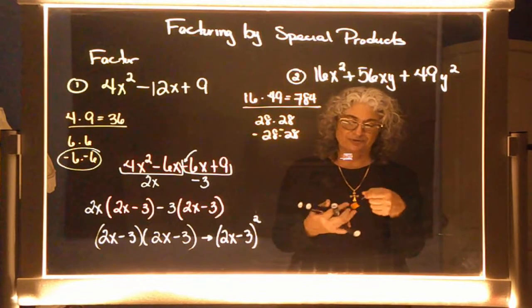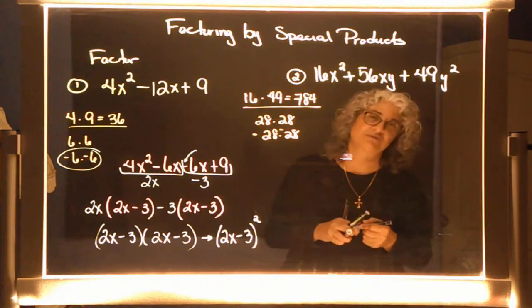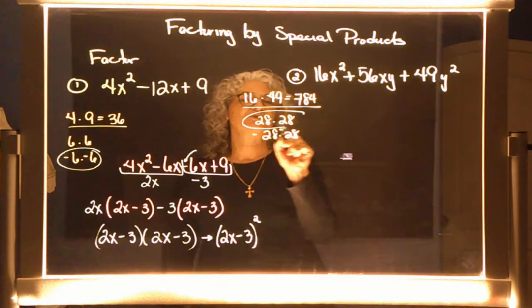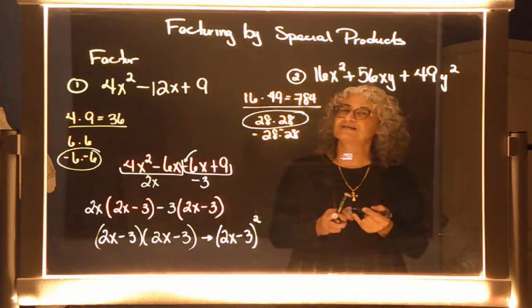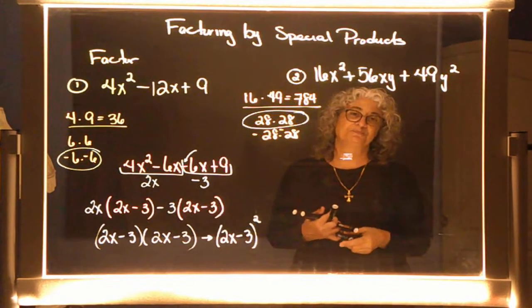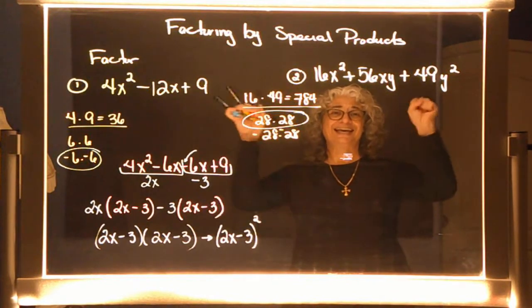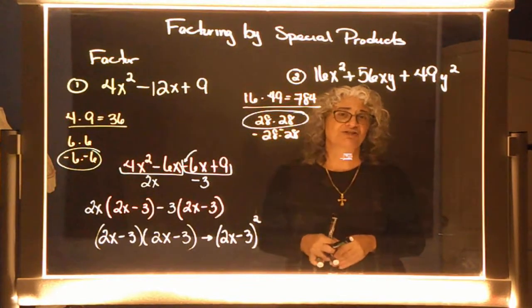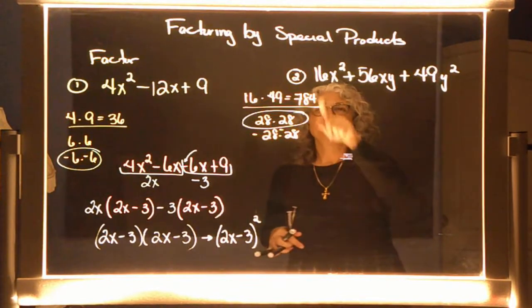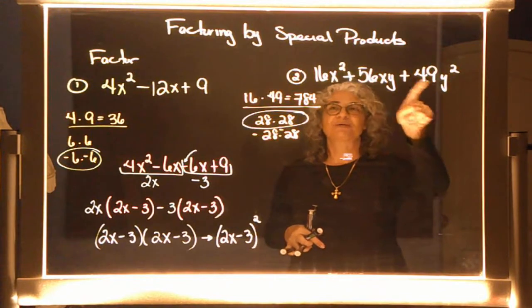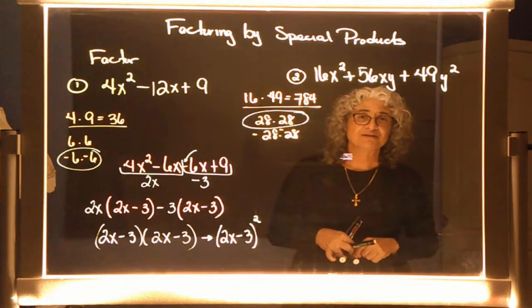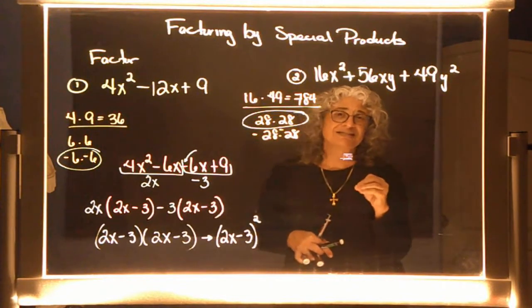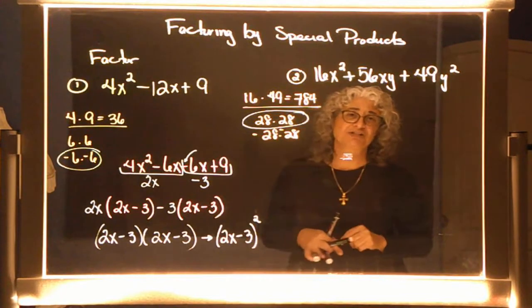Excellent. Woohoo! This is why the observation is so nice. I'm noticing the two positive 28s give me the positive 56 for the middle. Right? Yay! Thank goodness for observations. Again, perfect square times perfect square gives me a perfect square. And 99% of the time, it's the square root combination that's going to work for us.